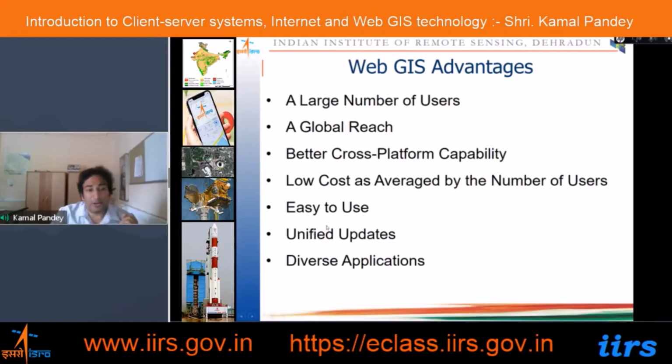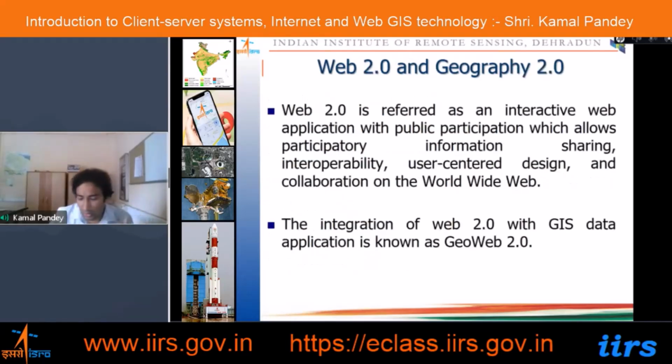Unified updates also: once I update at the central end, the update gets disseminated to all the people at the same time, and all are able to see those updates. Diverse applications: there are n number of applications which can be developed using the WebGIS platform. Now, let us talk about the latest, modern WebGIS technology. Earlier, I was talking about the monolithic.